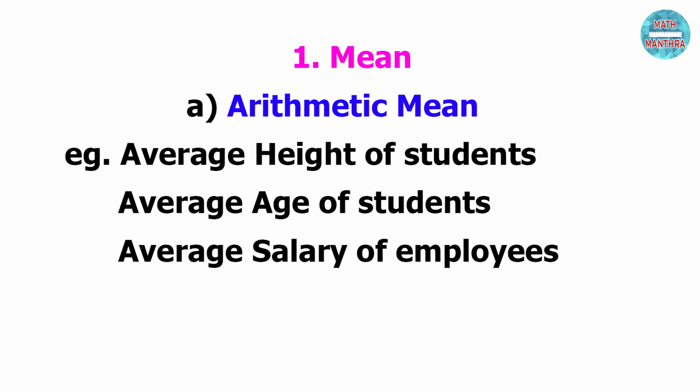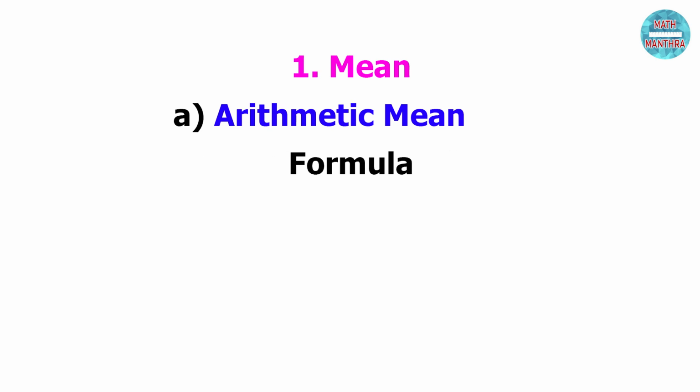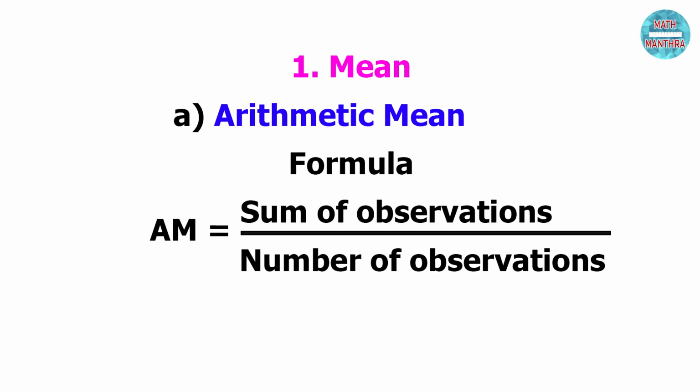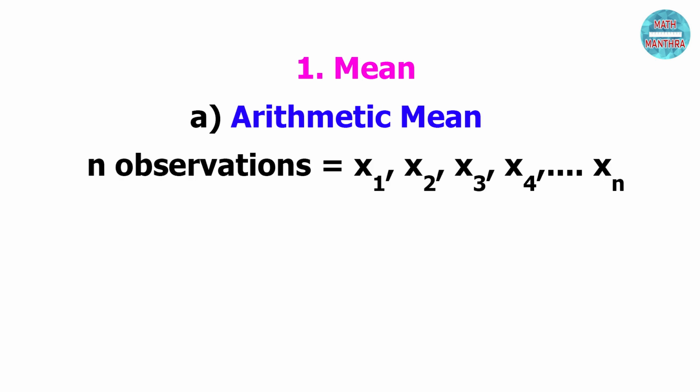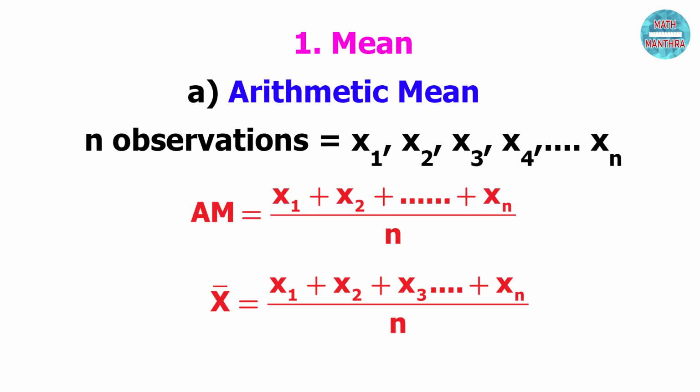All of you will know the formula to find arithmetic mean: sum of the observations divided by number of observations. In statistical terms, if we have n observations x1, x2, etc., xn, then the average, denoted by x bar, which is the notation used to represent the average of the set of n observations, is given by x1 plus x2 plus etc. up to xn, divided by n.